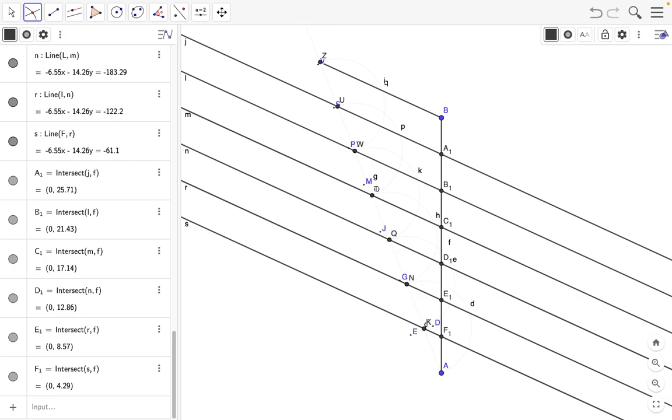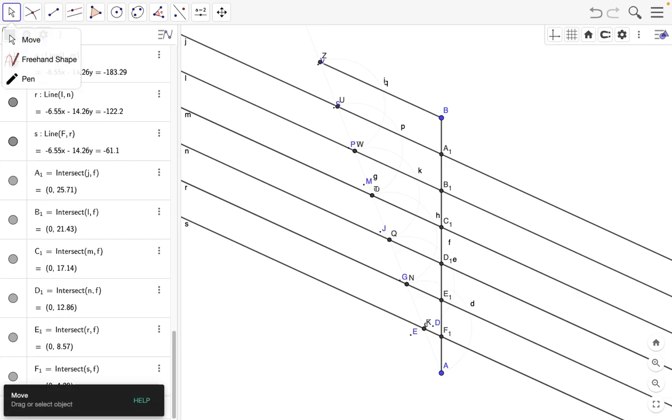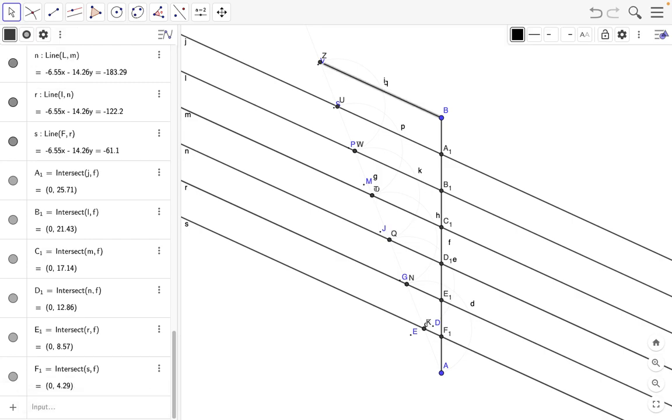Now finally we will make these lines faint so that we can finally see only line AB. So we will make them faint.